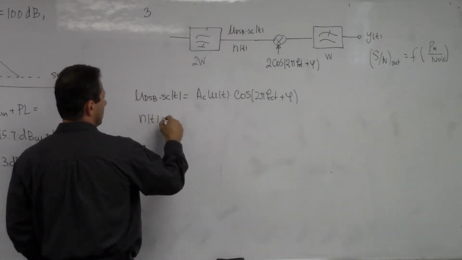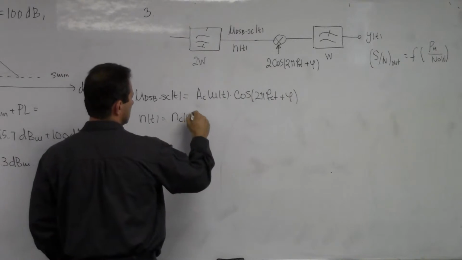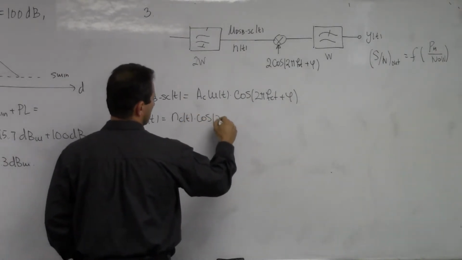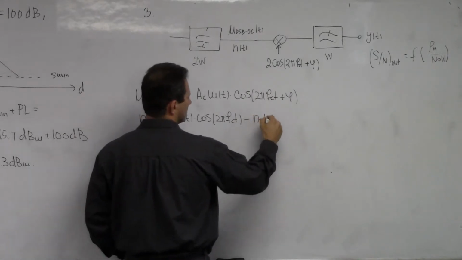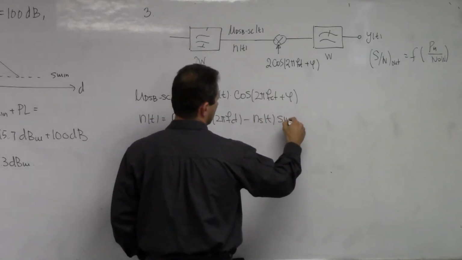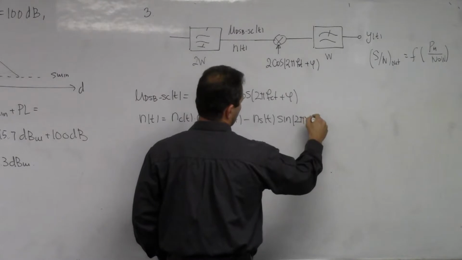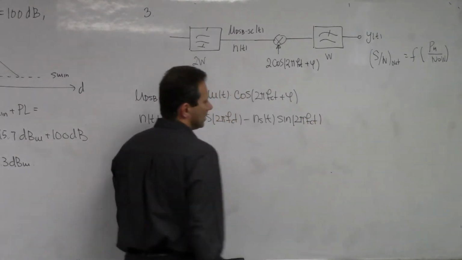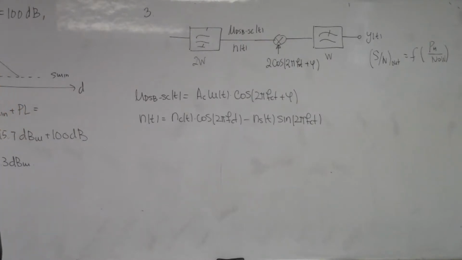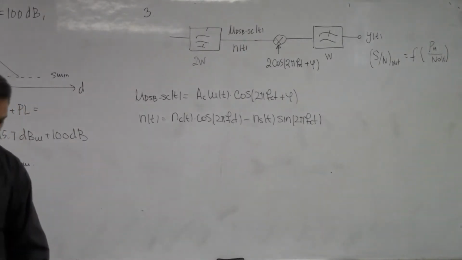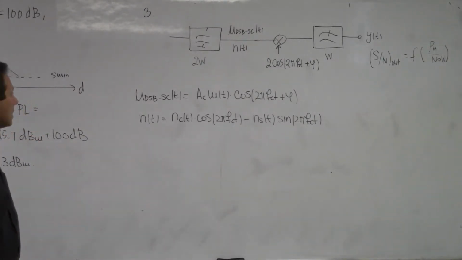N of t, we know that it can be expressed as NC of t cosine 2 pi FCT minus NS of t times sine 2 pi FCT, where NC and NS are baseband processes that have the same power as this process N of t.